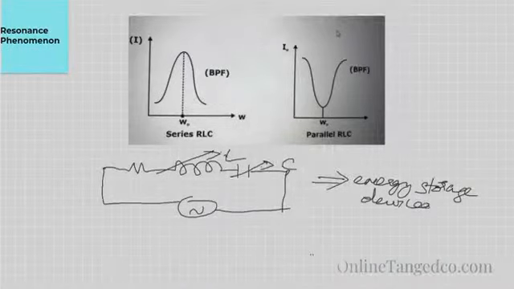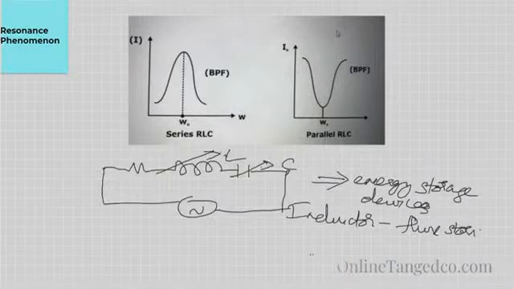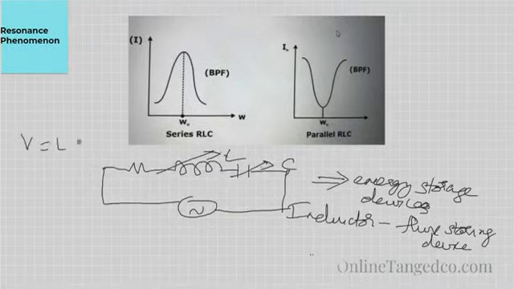Inductor, as I have told you, is a flux storing device. Capacitor is a charge storing device. So in an inductor, once the current is flowing, the flux will be induced, and the properties of the inductor are based on the equation V equals L di by dt.